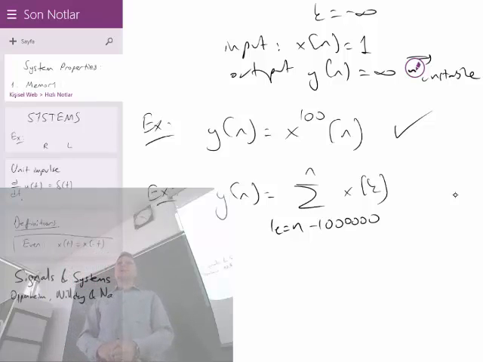Is this stable or not? It is averaging a lot of data, but still it's stable. If the input data is bounded, then the summation of all those 1 million terms will still be a finite value. It will not diverge anyway. So this is still a stable system.